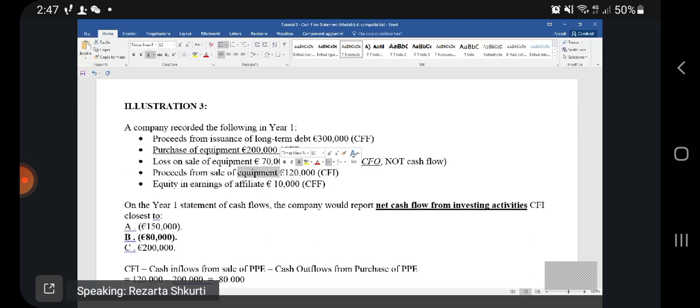Whereas the financing activity will include everything that will impact the structure of financing. That is loans, short-term or long-term, and equity. Everything that is not investing or financing will be operating. Just keep this in mind. So again, equipment are operating assets, but under IAS 7 are considered within the classification of investing activities.